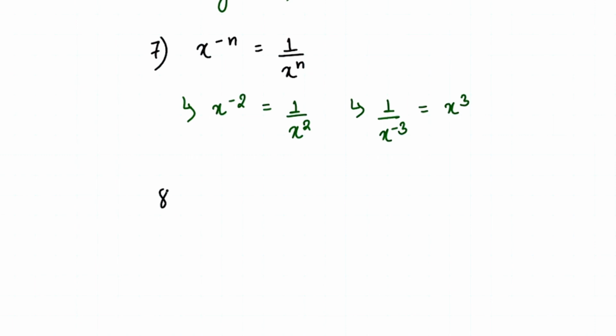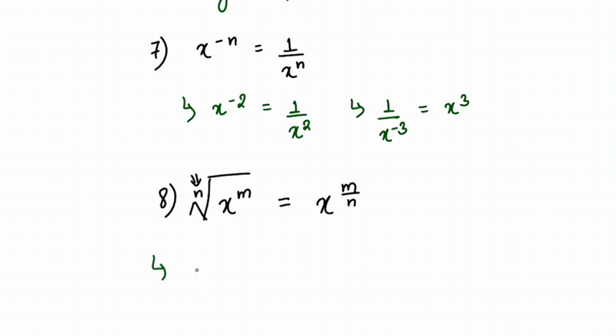Now we have only two more laws. Our eighth law involves root. Okay, so if you have something like x to the power m and it's the nth root, then when we remove that root, what happens is we have x to the power m, right? This particular number n goes to the denominator of this power, okay, and we get x to the power m divided by n.